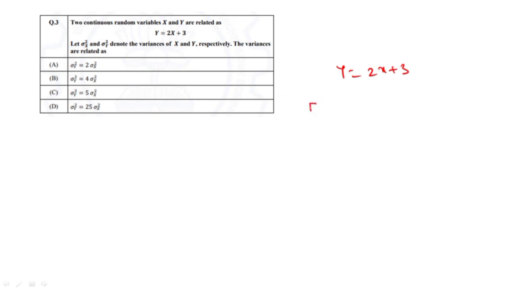So generally, expected value of ax is a times the expected value of x, and variance of ax is a square times the variance of x. Okay.